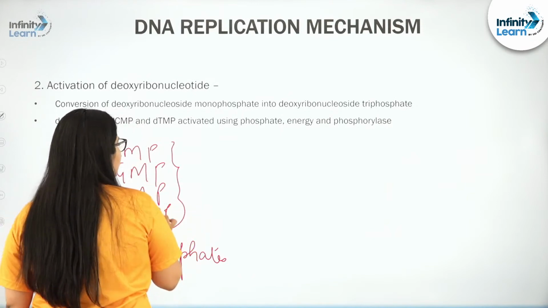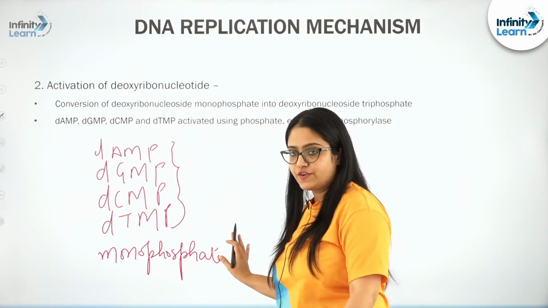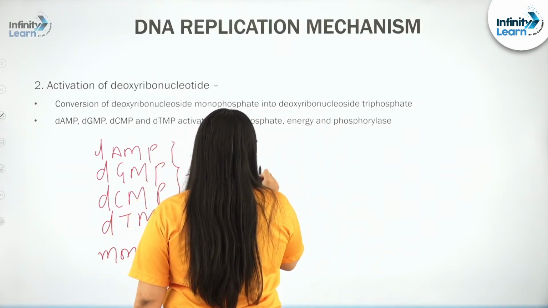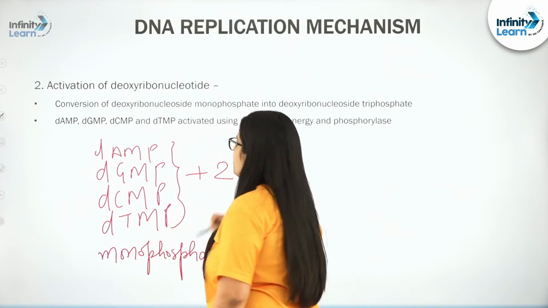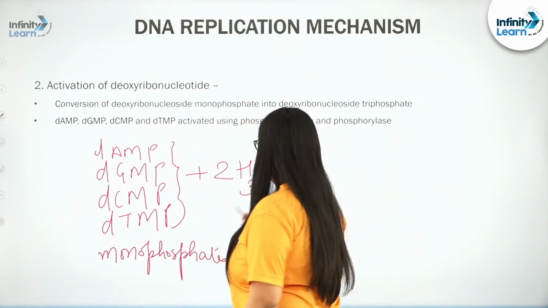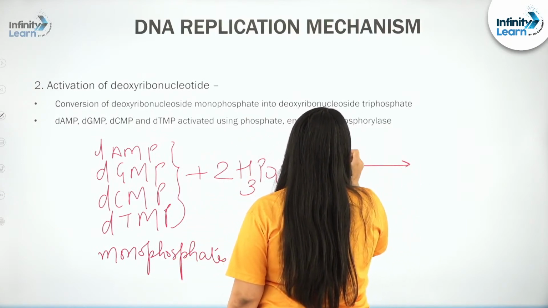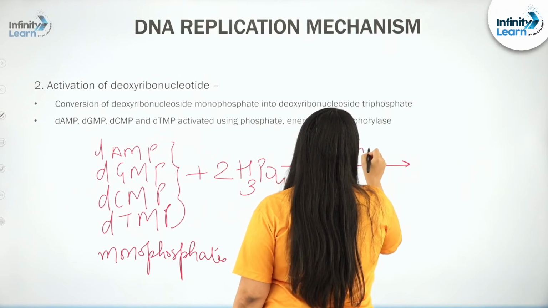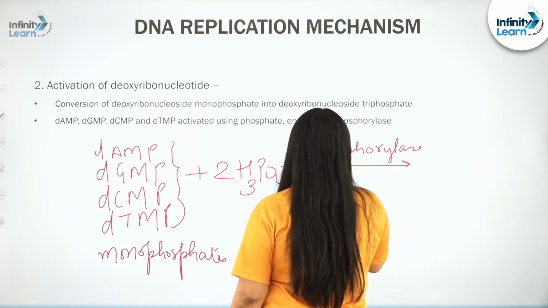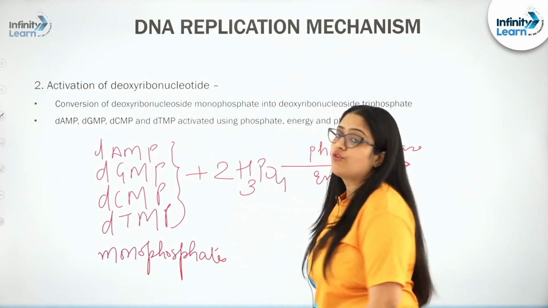Now, all these types of monophosphates will react with 2 molecules of H3PO4. What is H3PO4? It will be a source that will provide inorganic phosphates, in the presence of phosphorylase enzyme, and will also involve energy.